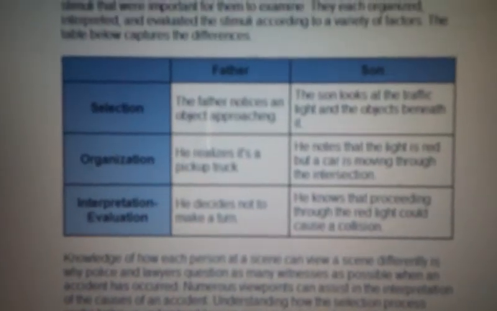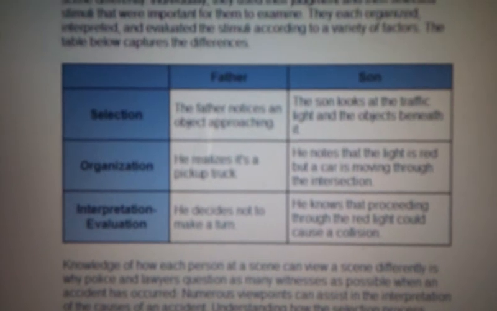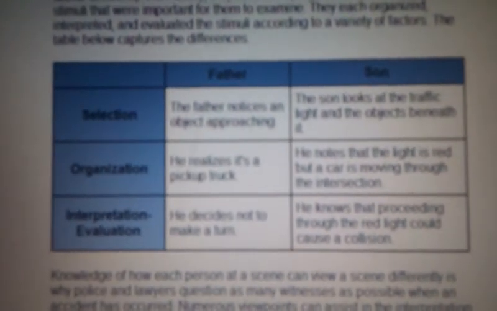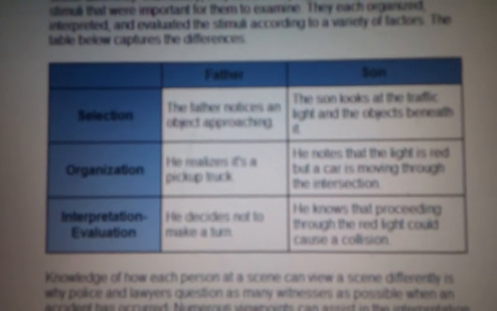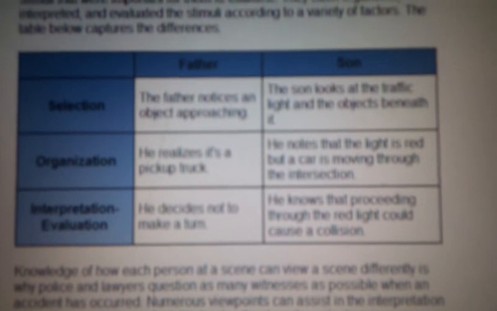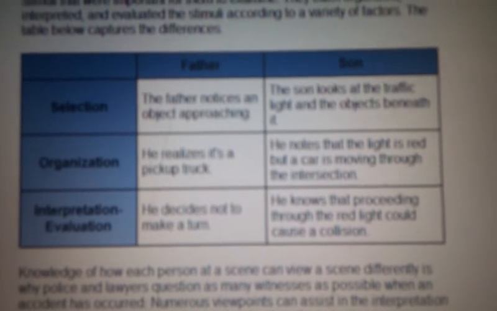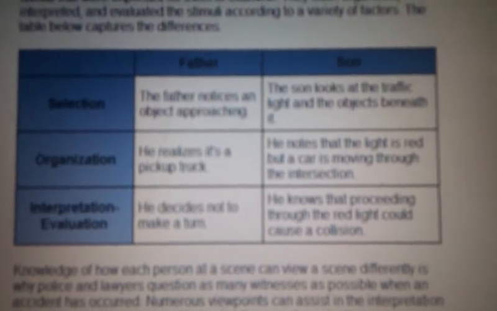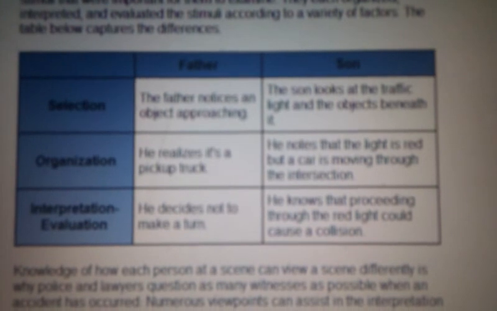In your lesson, there's a table. It says the father notices an object approaching. Organization is he realizes it's a pickup truck. Interpretation, evaluation, he decides not to make a turn. The son, the selection was the son looks at the traffic light and the objects beneath it. Organization, he notes that the light is red but a car is moving through the intersection.